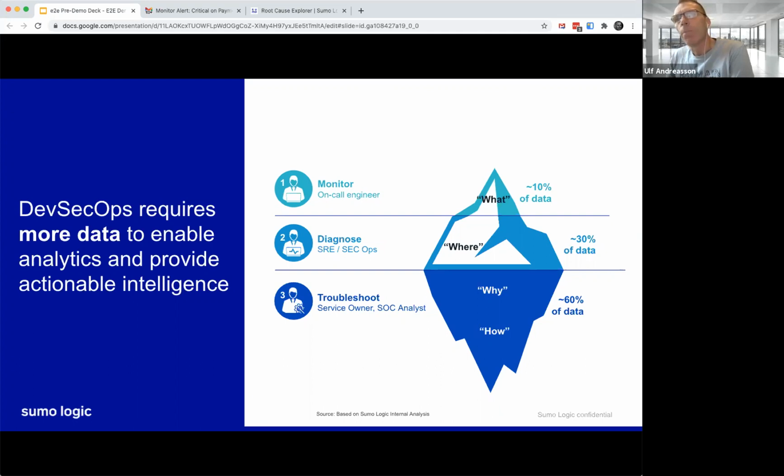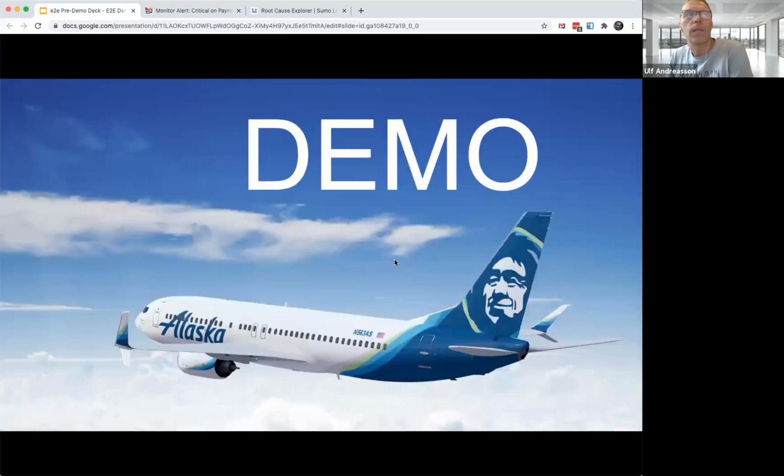My point here is that just monitoring an infrastructure is only the top of the iceberg. There's so much data that you need to be able to fully act upon issues and events that are taking place in your environment. But without further ado, let's go into the demo.